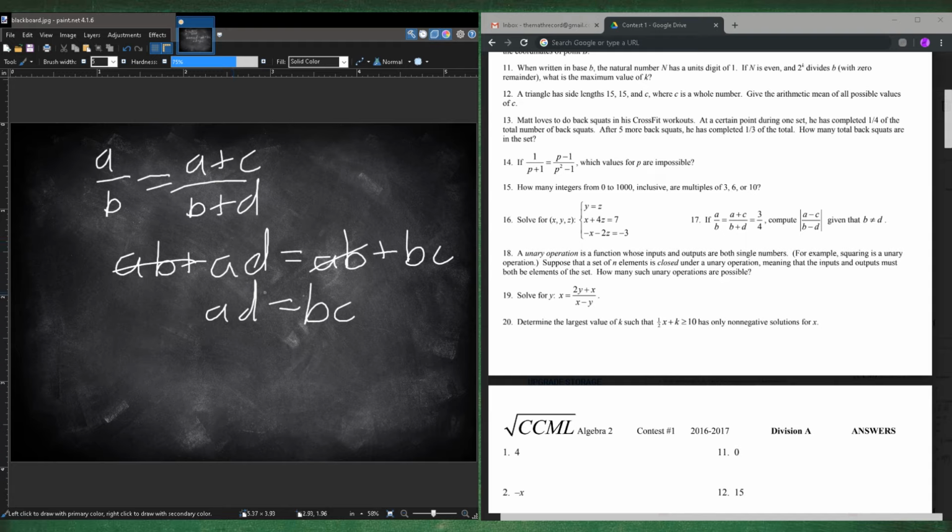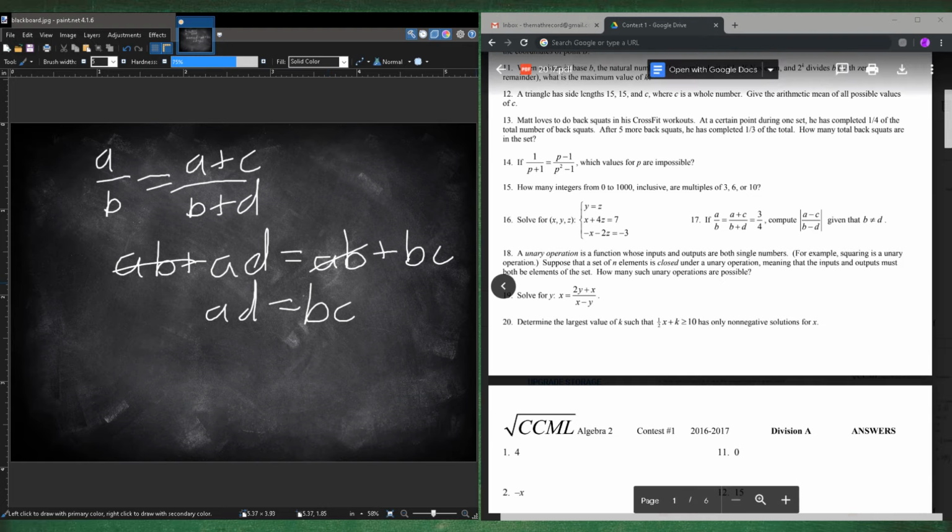So if you divide, let's just get something into the denominator. So you have A, and let's just get C. Since this is BD in the denominator, I should probably just put those in the denominator. So divide by B and divide by D. So technically you have A divided by B is equal to C divided by D, right? So that's what it tells us. Actually, we have 3/4.